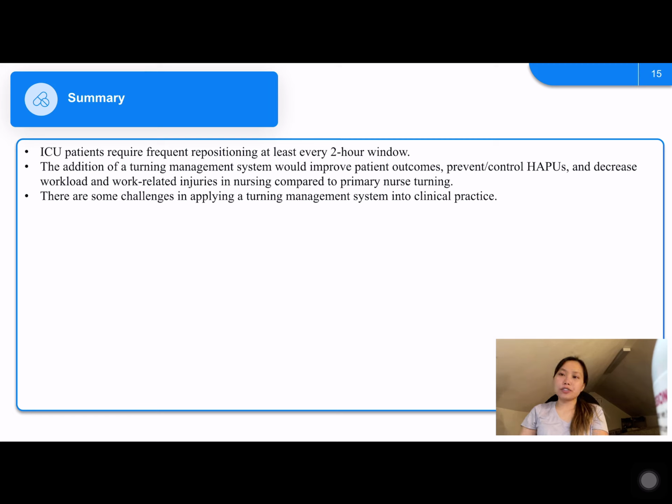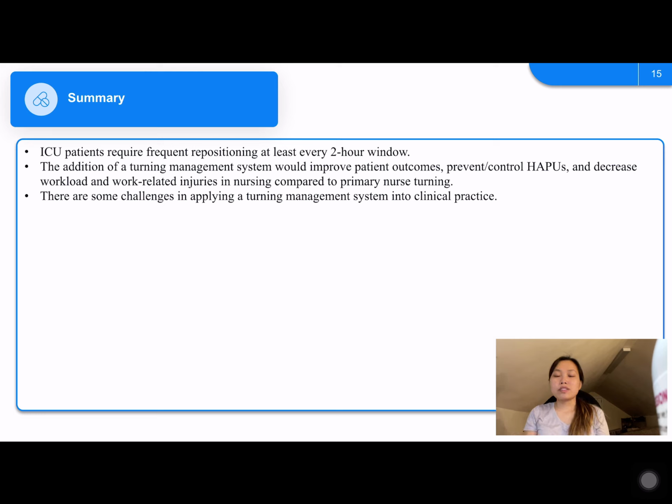So for the conclusion, I would like to say it's really necessary for ICU patients to be turned every 1 to 2 hours, and the primary nurse turning alone will not be enough and not efficient. So a turn team and an automatic reposition system will be the best solution for this problem, even though there may be complications during turning of the patient.